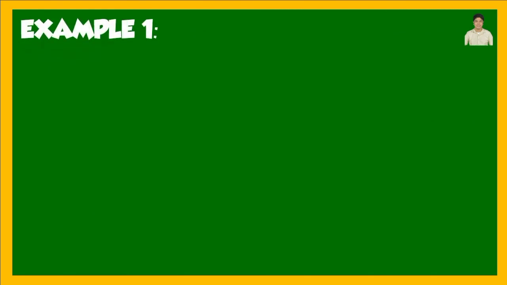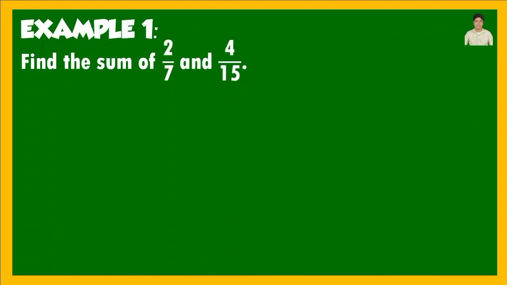So, let's have example number 1. Find the sum of 2 over 7 and 4 over 15. So, sulat natin dito, 2 over 7 plus 4 over 15. And then, paano natin i-draw yung butterfly? So, ganito lang siya. Ayan.